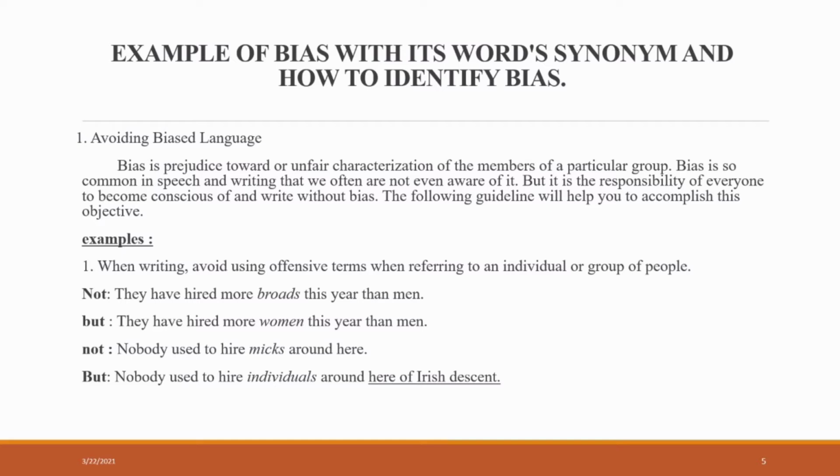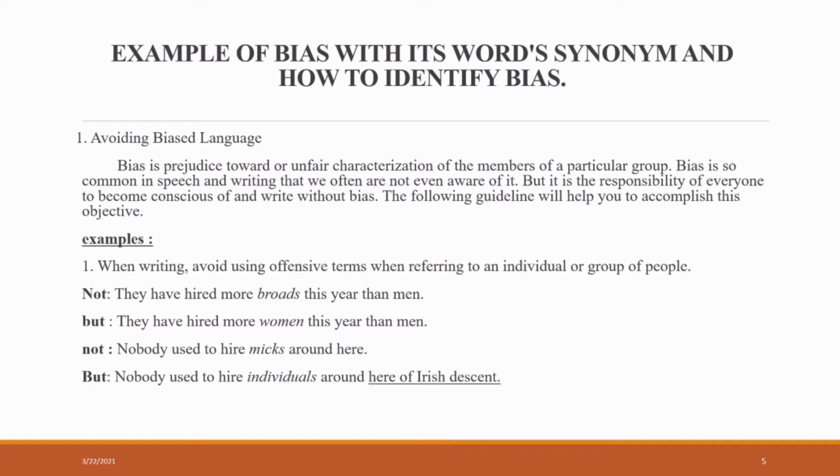But it is the responsibility of everyone to become conscious of writing without bias. The following quick guidelines will help you accomplish this objective. For example, when writing, avoid using offensive terms when referring to an individual or group of people.